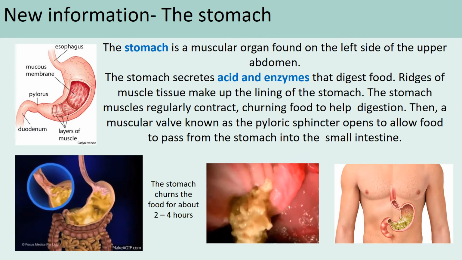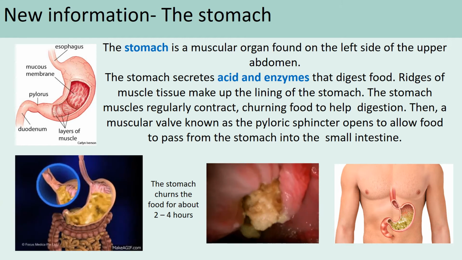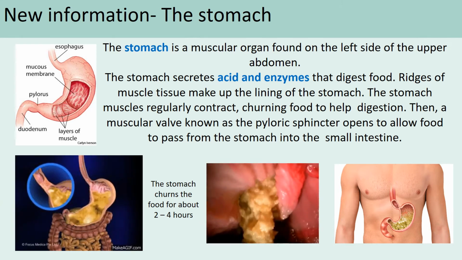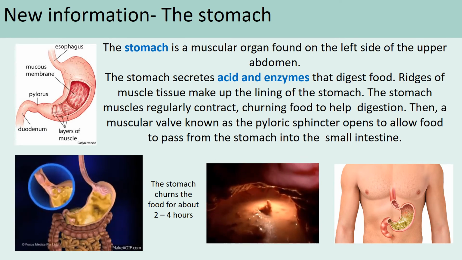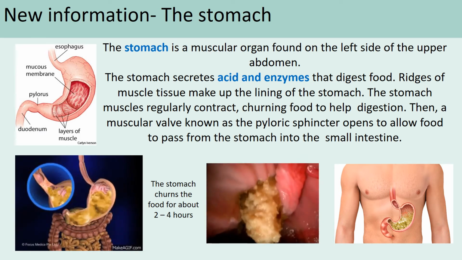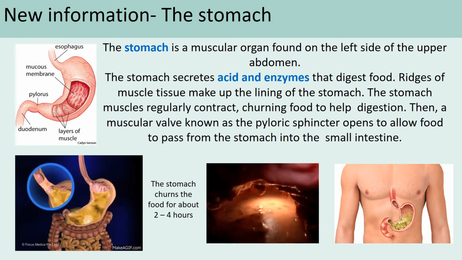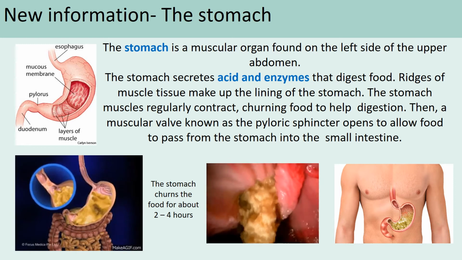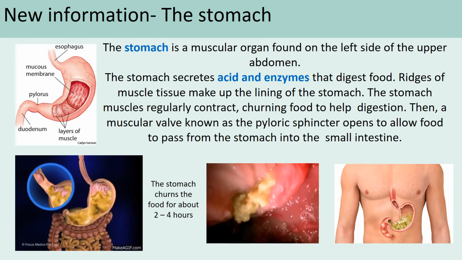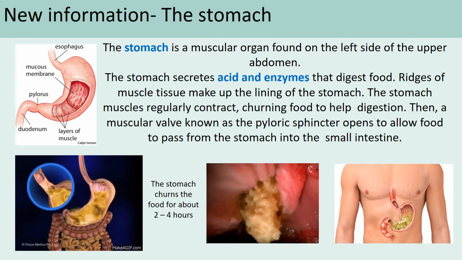You've got the layer that produces the hydrochloric acids and any of the enzymes, and then you've got the epithelial layers as well. So the stomach secretes acid and enzymes that digest food. You've got ridges of muscle tissue that make up the lining of the stomach, so that enables it to contract and churn up the food. The stomach muscles regularly contract, churning up the food, just as I said, to help digestion.